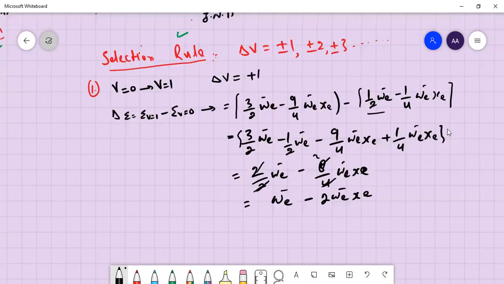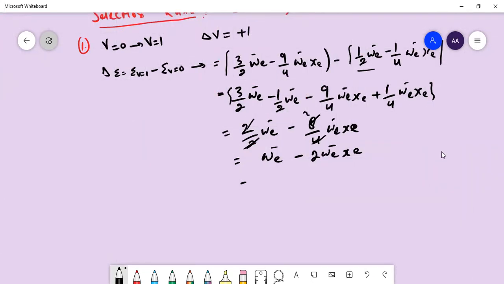From this equation, I can take omega_e bar common, and the equation will become omega_e bar into 1 minus 2x_e, in centimeter inverse.